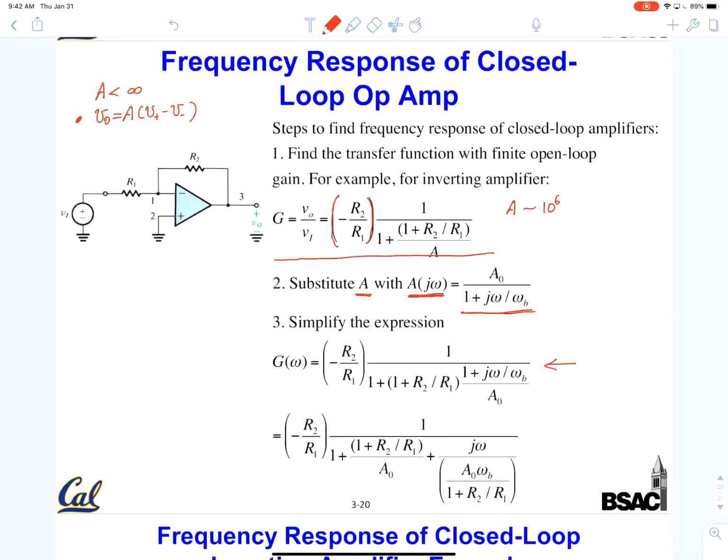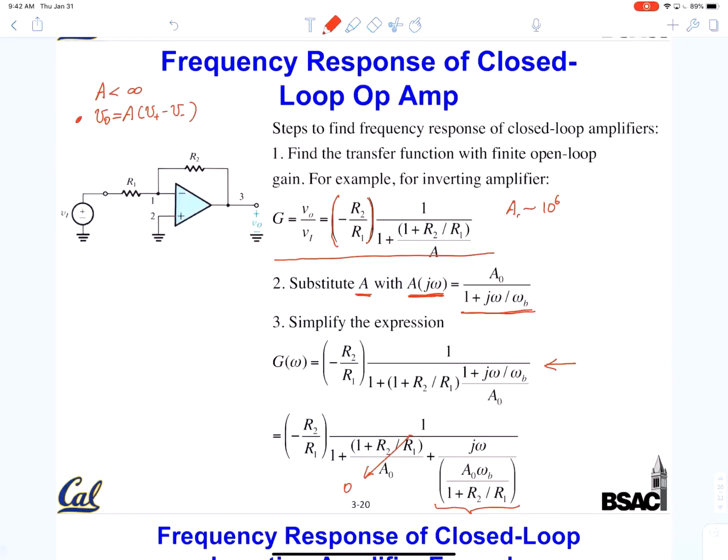And again, you do some simplification, you'll find that we now have a new pole frequency. So this term here represents the new pole frequency, if we ignore this term here, since it's divided by a very large number, A0.